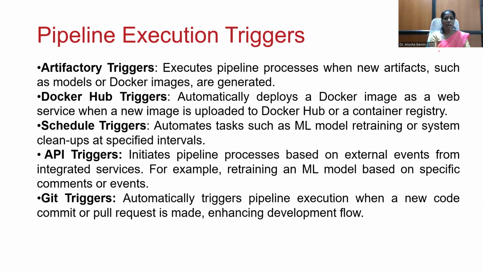Then Docker Hub triggers. It automatically deploys a Docker image and the web service when a new image is uploaded to Docker Hub or a container registry. Docker Hub is a web-based service. If there is a new image in Docker Hub, it will trigger the user. Then the schedule trigger automates tasks such as ML model retraining or system cleanup at specified intervals.